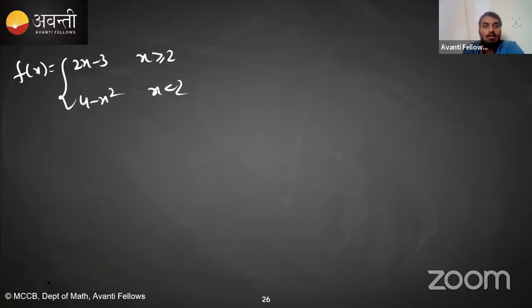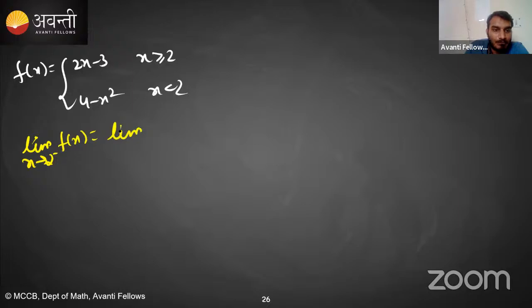So limit x tends to 2 minus f of x means limit x tends to 2 minus, what is f of x? 4 minus x square, right? So directly put x equal to 2 in it. You will get 4 minus 2 square, which is 0.